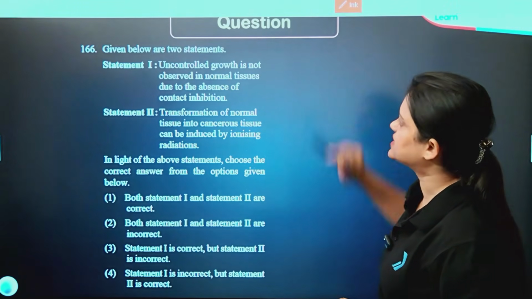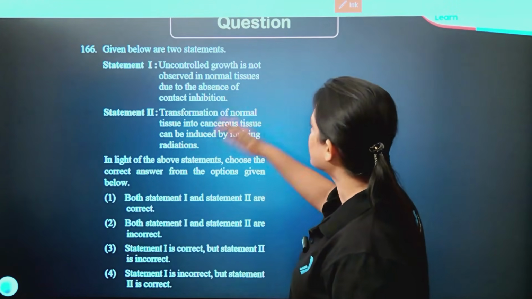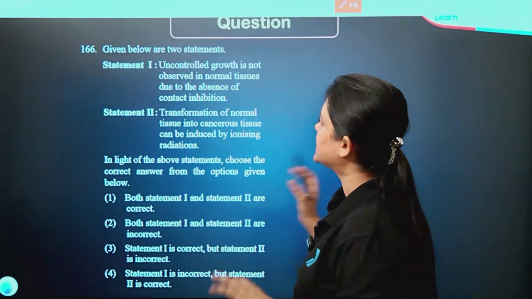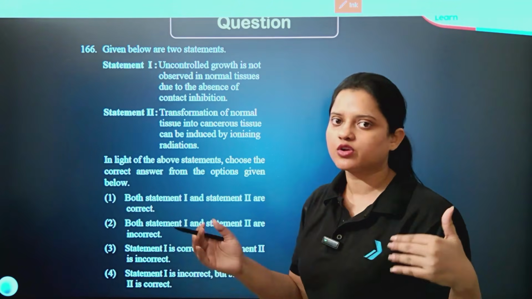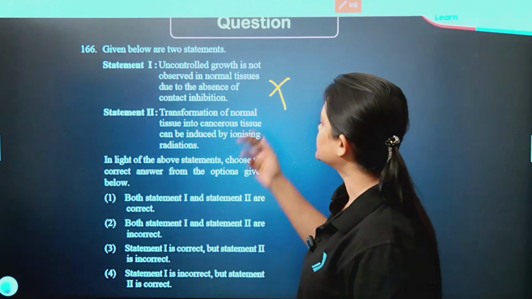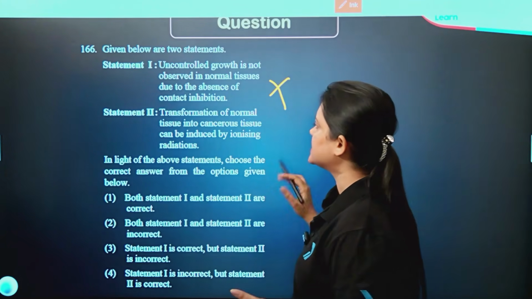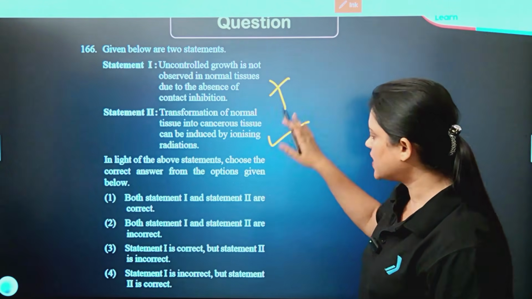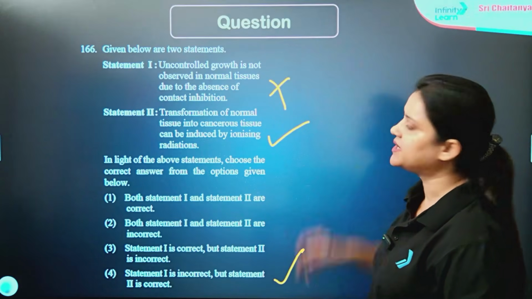Question number 166. Uncontrolled growth is not observed in normal tissue due to the absence of contact inhibition. So, when there is absence of contact inhibition, uncontrolled growth is seen, right? So, this is wrong. Transformation of normal tissue into cancerous tissue can be induced by ionizing radiation. That is true. So, 1 is incorrect and 2 is correct. Answer should be 4.